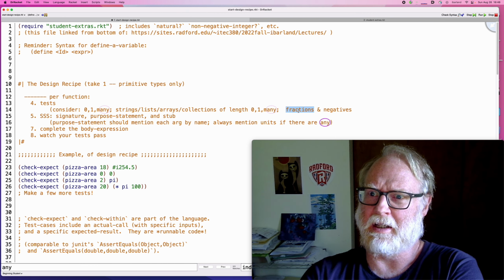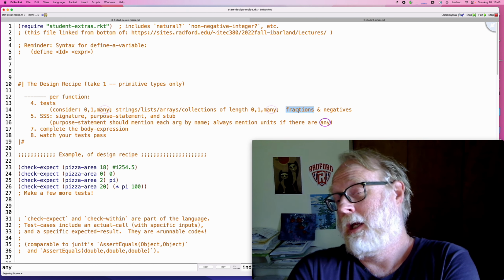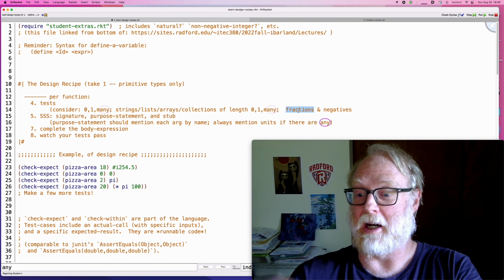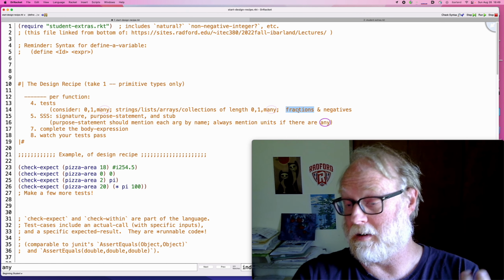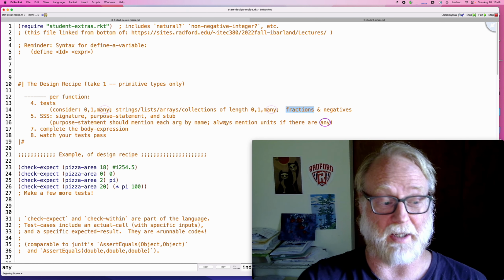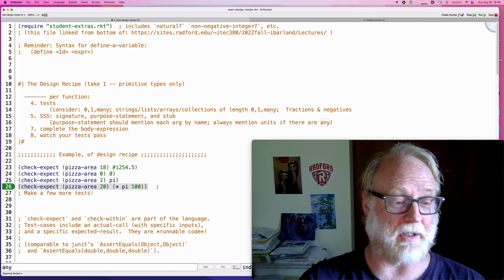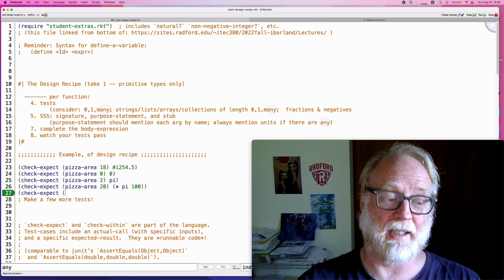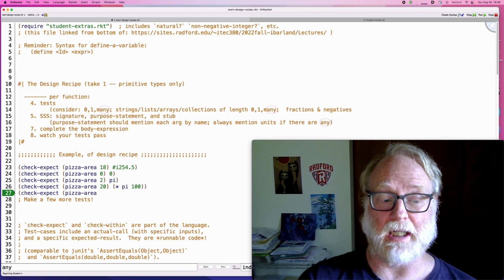I've never seen that on a menu before, but hey, why not? Maybe we're taking our pizza sizes that were given in centimeters and converting them to inches for our function or something like that. So no sweat, no problem. Yeah, let's have one test case that includes fractional numbers.